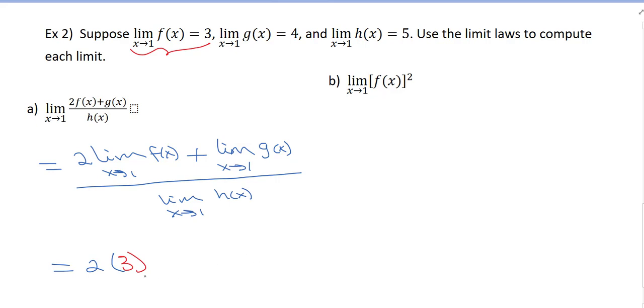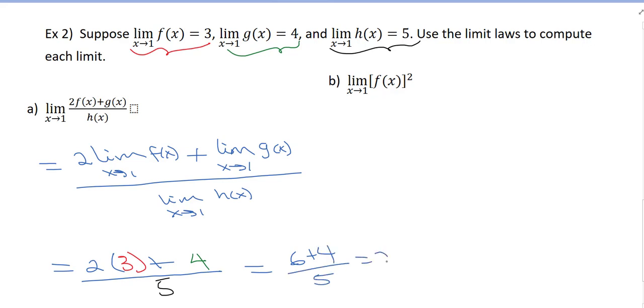Plus the limit as x goes to 1 of g of x, we're told that it's 4. So I'm going to say plus 4. And then divided by the limit as x goes to 1 of h of x, and we're told that limit is 5. So divided by 5. And then we compute it. So the limit will be 2, like 10 divided by 5.